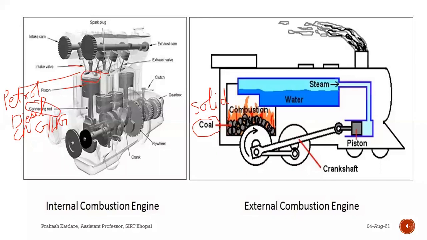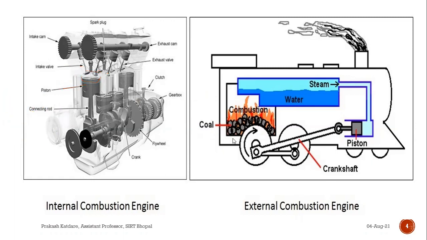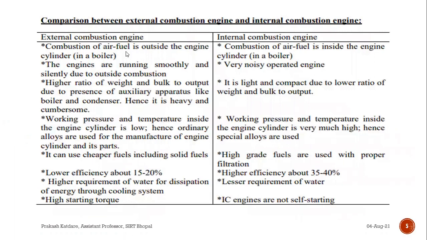Also, as compared to an external combustion engine, the efficiency of an IC engine is very high. So if we see in detail the comparison, then in an external combustion engine, the combustion is taking place outside the engine cylinder, that is in a boiler.